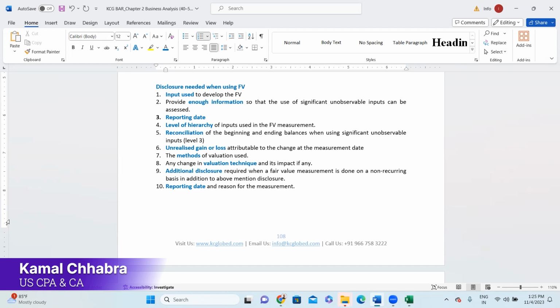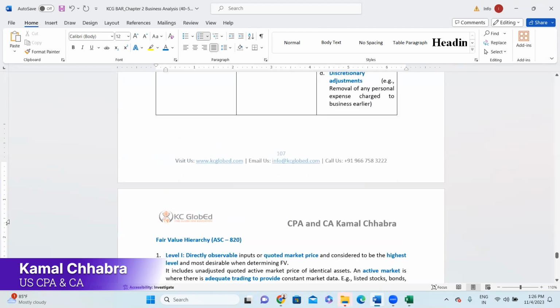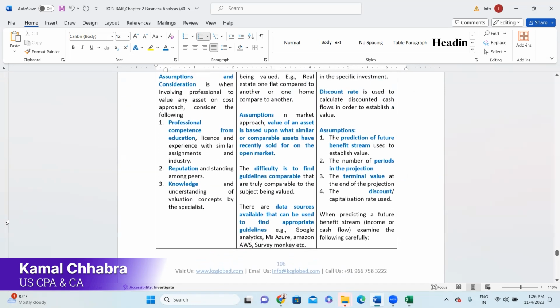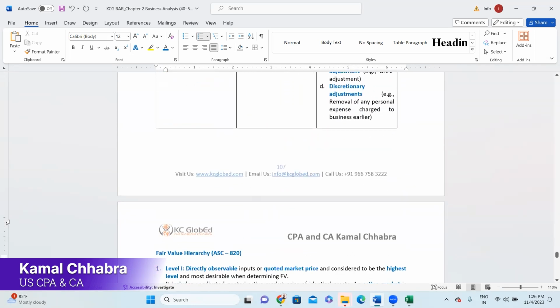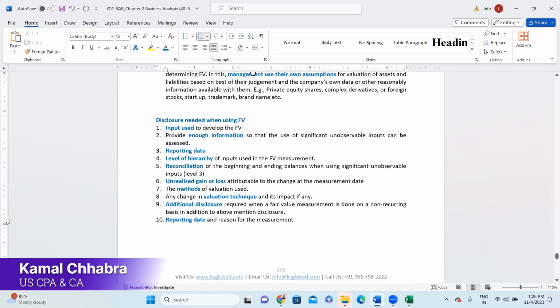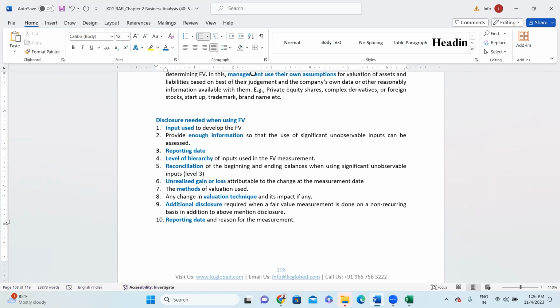Sixth is unrealized gain or loss attributable to the change at the measurement date. Next is the method of valuation used. So whether you're using the income method, cost method, or what was the third one? Market approach. So cost approach, market approach, or income approach, whichever you are using, you should mention it. Eighth is any change in the valuation technique. Earlier you might have been using the Black-Scholes model, or maybe the dividend growth model, or maybe the CAPM model.